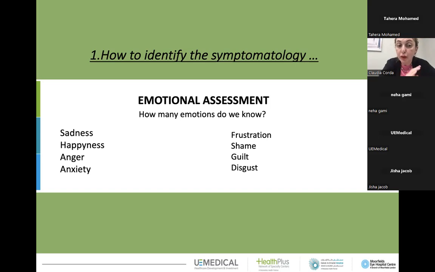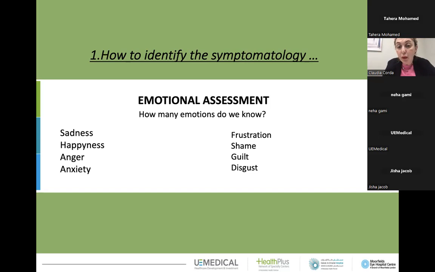We need to be sure that we are talking about the same concept with the same word. So you should verbalize: Do you feel sadness? Do you feel happiness? What does sadness mean for you? Or for example, what do you think is the difference between anger and frustration? Because for the majority of people, it seems almost the same.